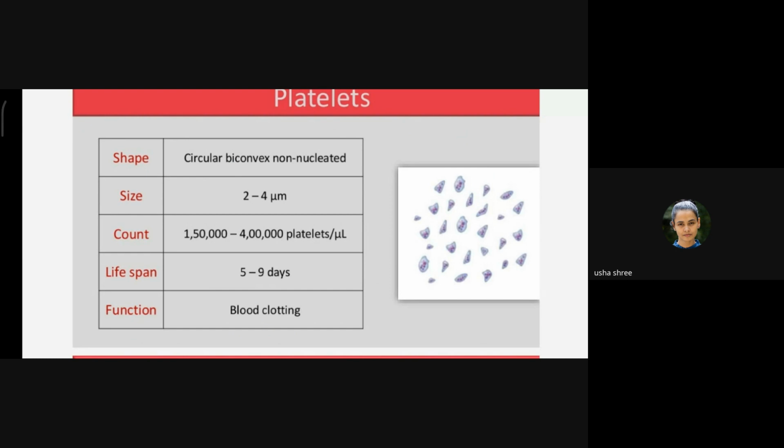Now size of the platelets is 2 to 4 micrometer and count of platelets is 1,50,000 to 4 lakh platelets per microliter. And lifespan of platelets is 5 to 9 days. Functions of platelets are blood clotting.